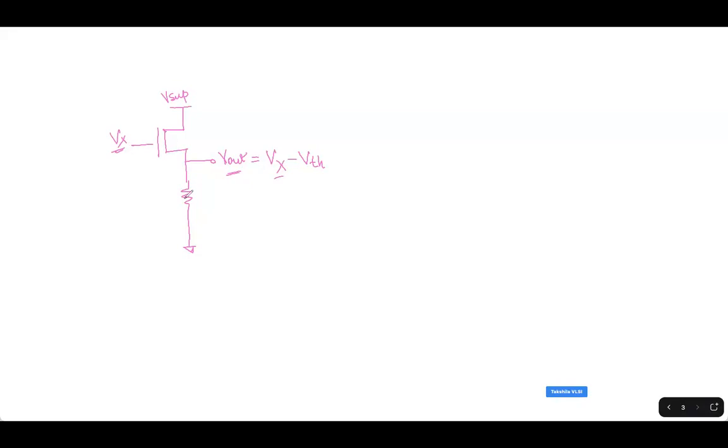Vx is clean. What happens to Vout? Vout is also clean. Meaning if Vx is clean, the output is clean. If Vx has noise, Vout also has noise.